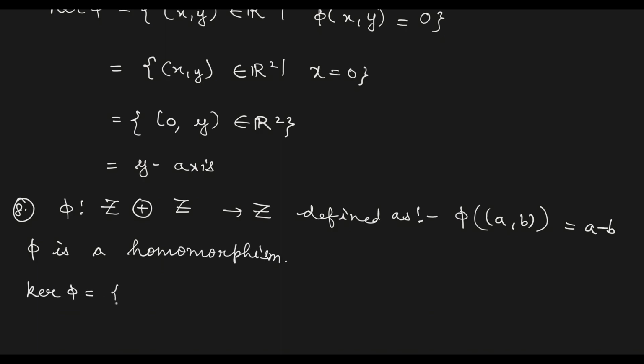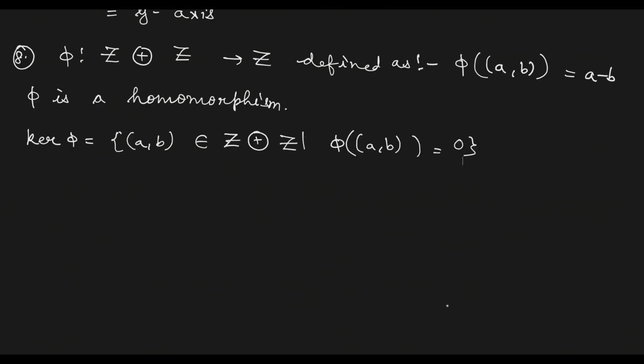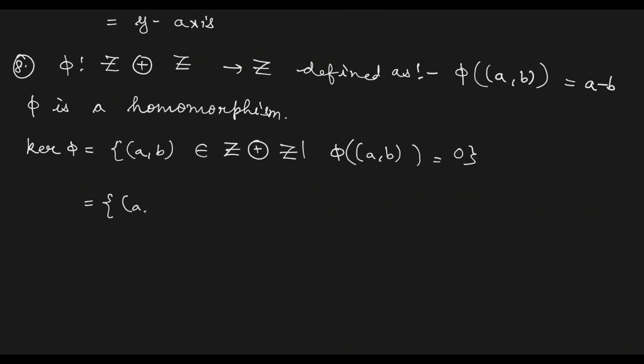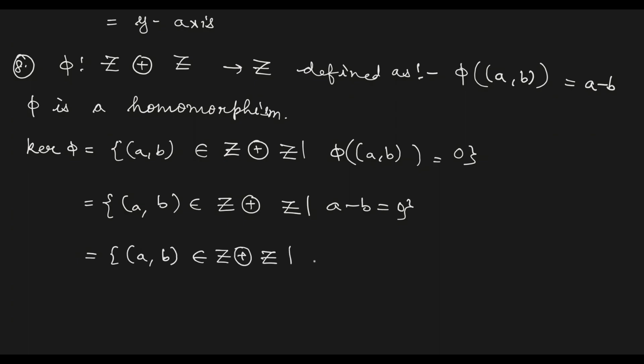Kernel phi is equal to (a, b) belongs to Z direct sum Z such that phi(a, b) is equal to the identity of the codomain, which is 0. A minus b is equal to 0. This will be the ordered pair (a, a), such that a belongs to Z.